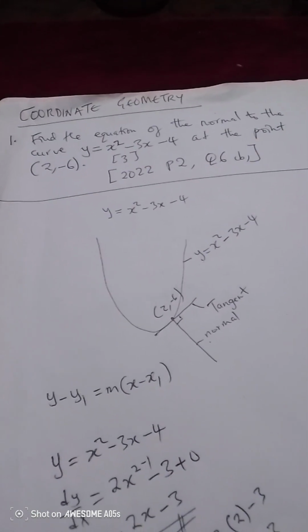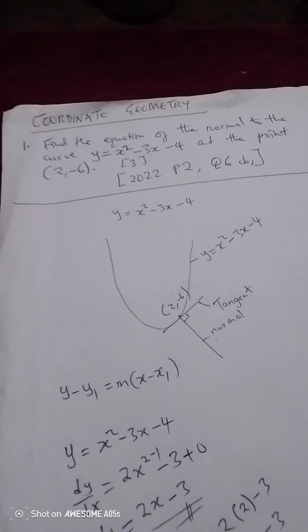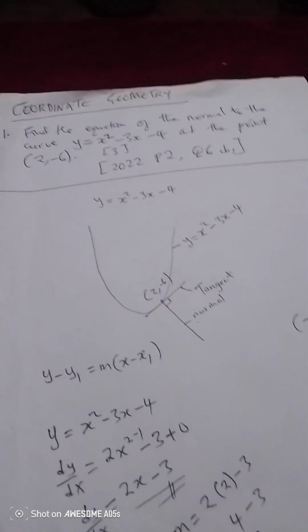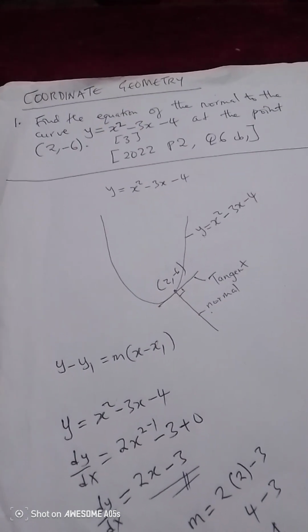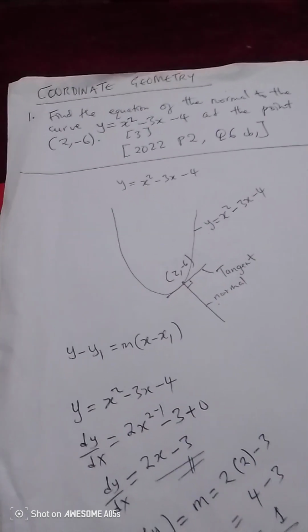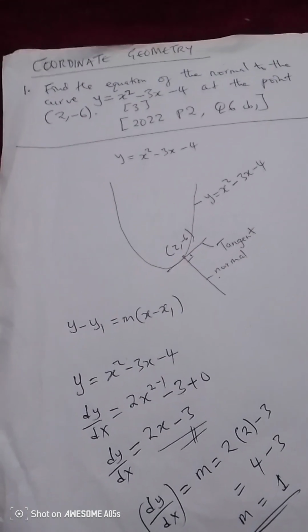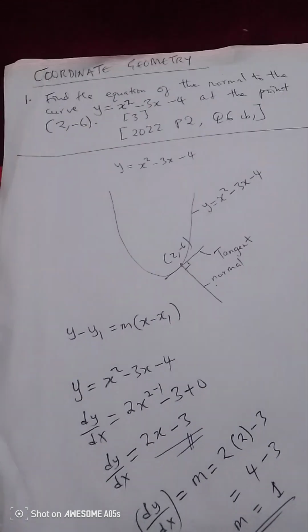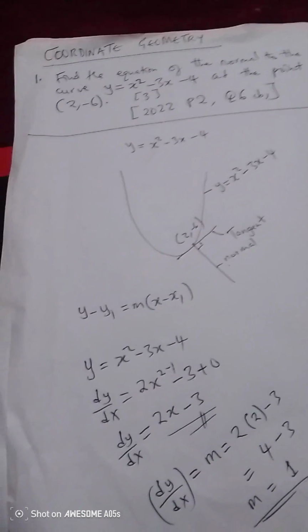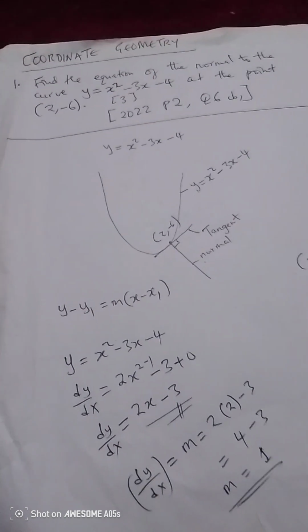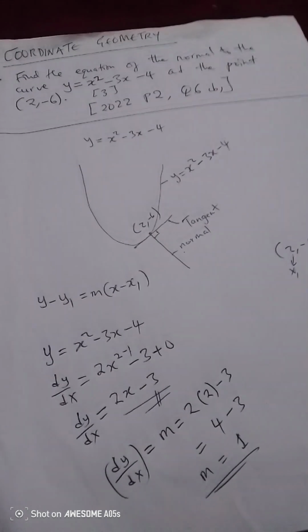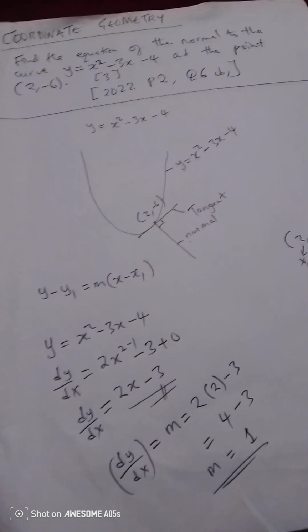So we make use of the curve given to find the gradient. Then consider the value of x at that point to be replaced in the differentiated curve. Thereafter, replace the coordinate for x in the differentiated equation, so that you find the gradient of the tangent.